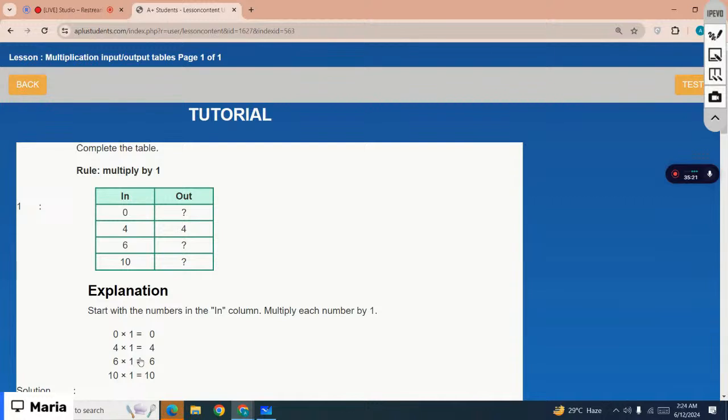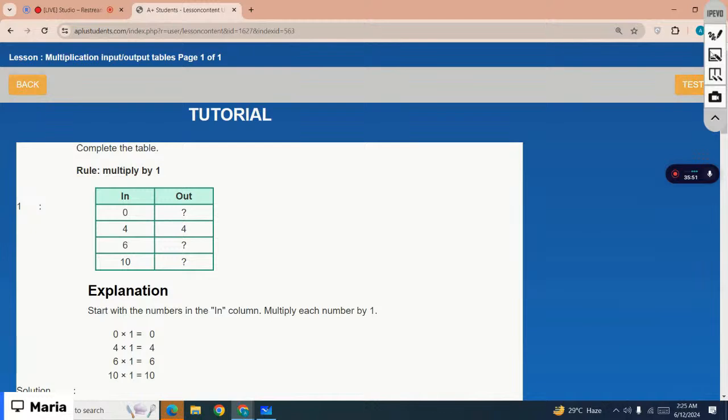So let's start with the first example, that is complete the table. Multiply by 1. The rule is you have to multiply by 1, right? So you need to multiply each input value by 1 to calculate the output value, right?